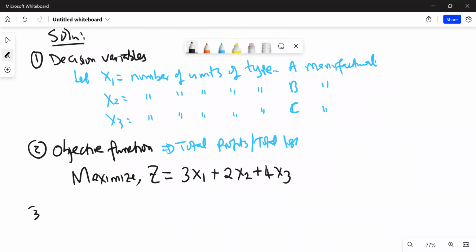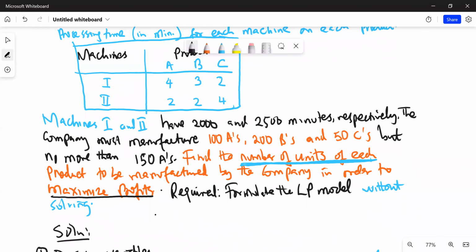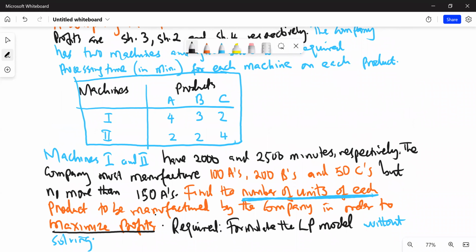Number 3, we define our resource constraints. And resource constraints are usually in form of inequalities, though sometimes they can be equations. So when you look at this problem here, we need to identify which resources we are dealing with.